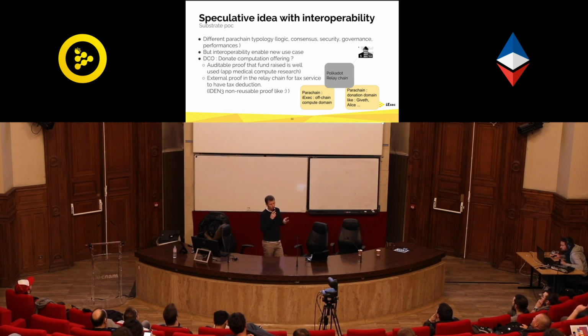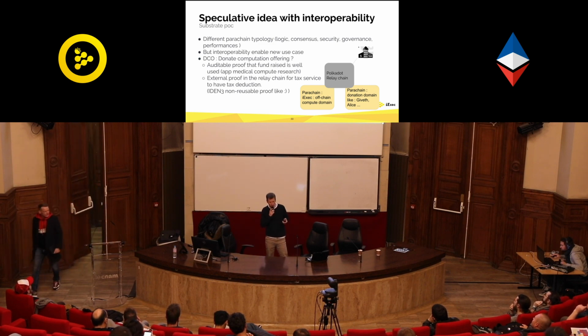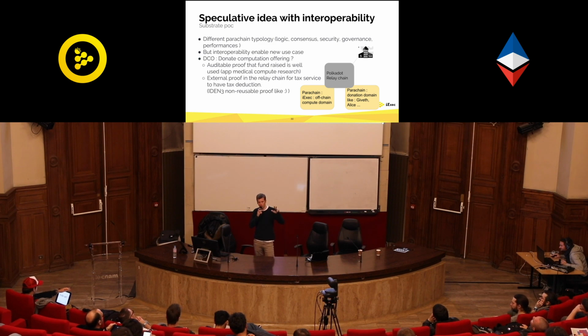And it's where I think Polkadot is a key part that allows this cross-chain message passing. And you can imagine that if you have a domain-specific chain like iExec that does off-chain compute with this optimized chain for doing that, like we have seen with task replication and game incentive for off-chain tasks.